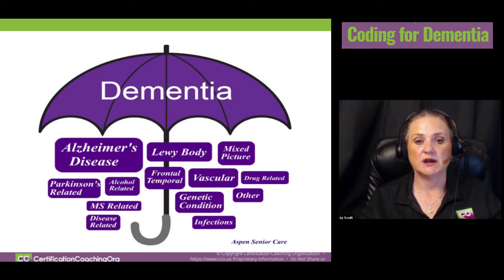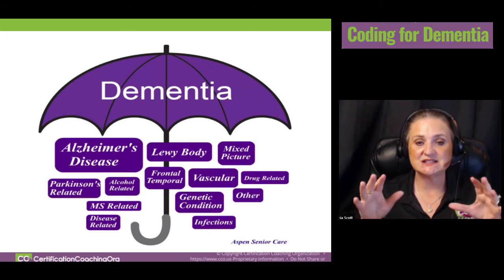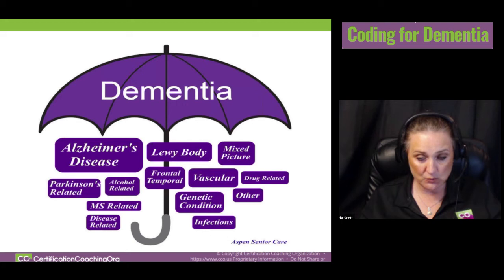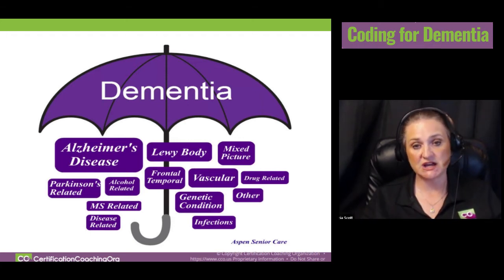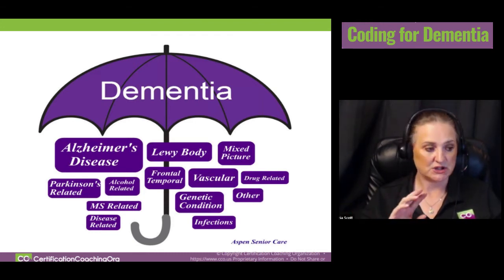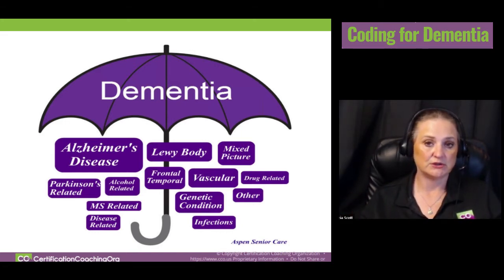So again, dementia is the broad term, but there are so many diseases that fall under the umbrella of dementia. The main one is Alzheimer's, which you're probably the most familiar with. When you graph out how many people have Alzheimer's dementia compared to the other types of dementia, it is usually more than 50%. Again, you can do research on that. I found lots of graphics, and you can look at those.